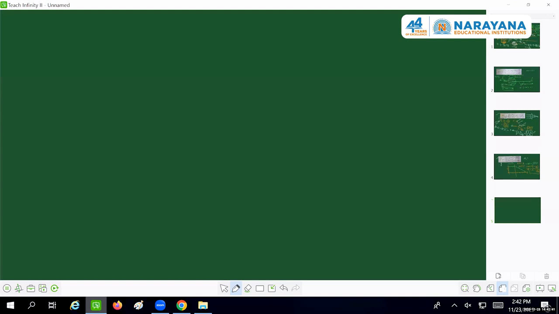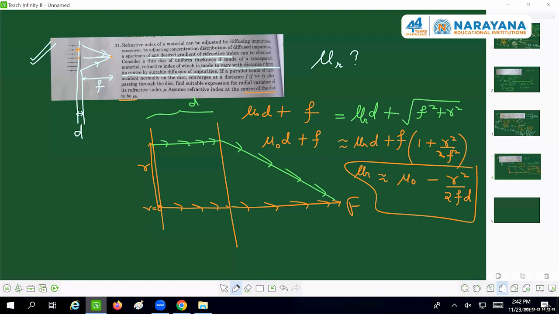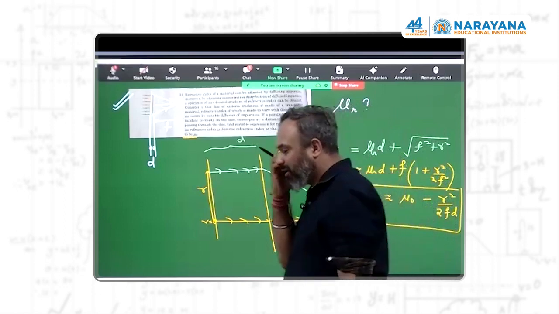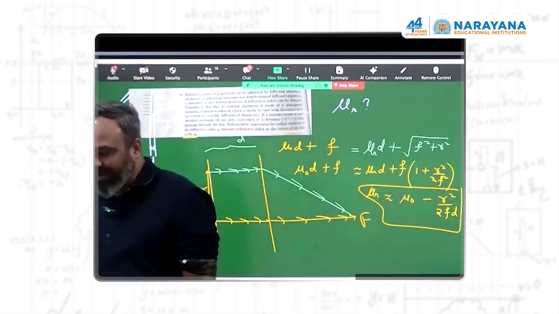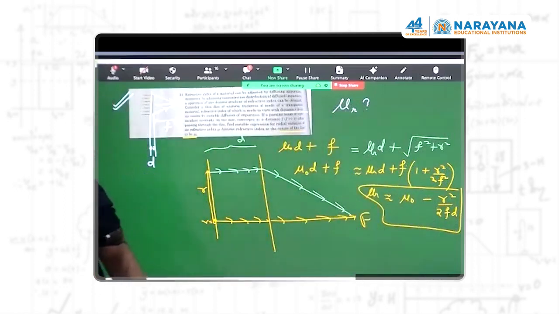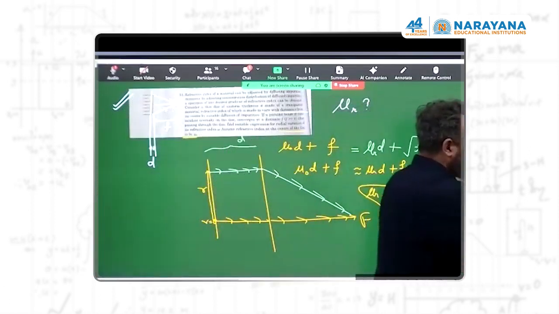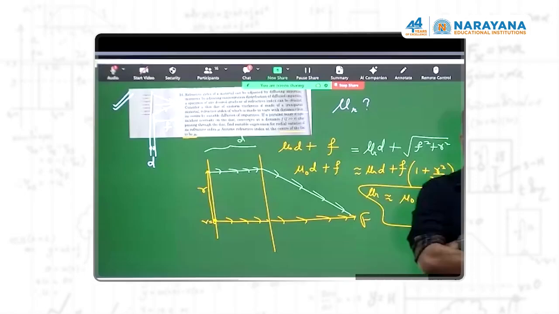Mm-hmm. No, refraction. So, the thing is, what we call refraction is just a way of contemplating the idea that these signals have to follow a path across which they take the least time.